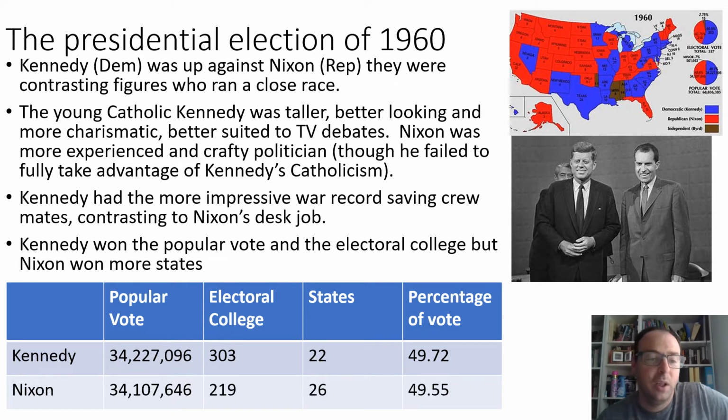So we've got a tiny victory in the popular vote, but a really quite substantial one in the electoral college, and this is where Kennedy tended to do better in a lot of the more populous states, though Nixon won 26 states to Kennedy's 22, but that's because the states that Nixon won were lower in population, therefore had a lower value in the electoral college. So a very tight election, and one that quite easily could have gone either way.